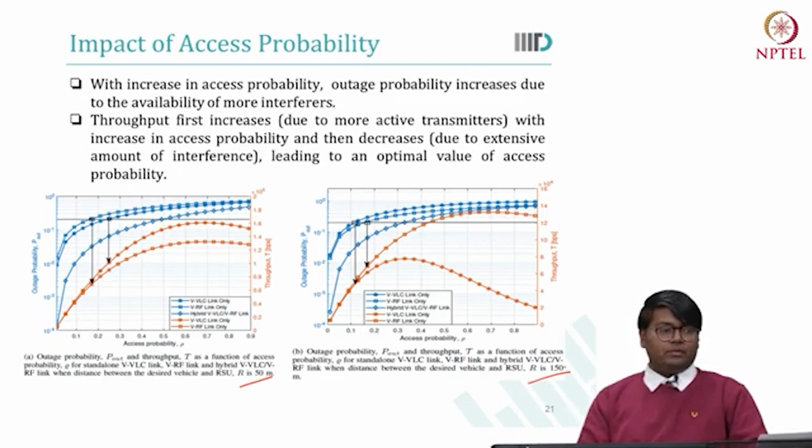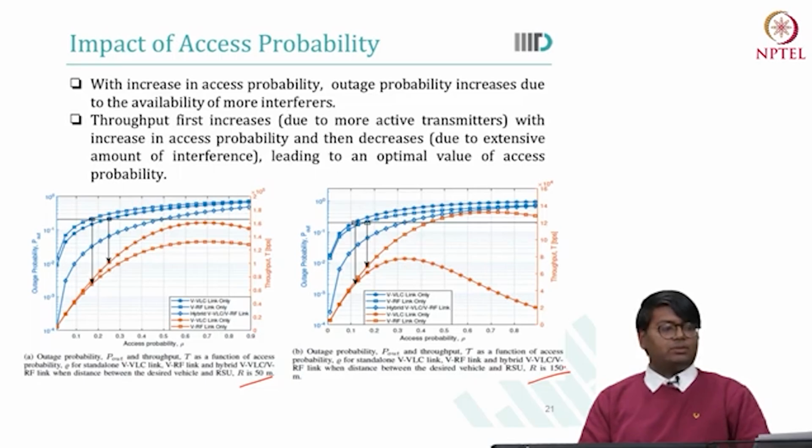So here we see that with an increase in the access probability, the outage probability increases due to the availability of more interferers.